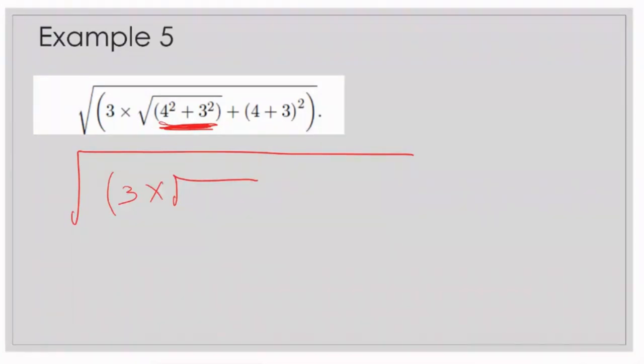These are just the exponents. 4 to the power 2, which is 16, plus 9. I am doing it by inspection. If you cannot do those things by inspection, you can write step by step, but this can be done by inspection. 4 to the power 2 is 16. 16 plus 9, I think, is 25. So now this is just 25.